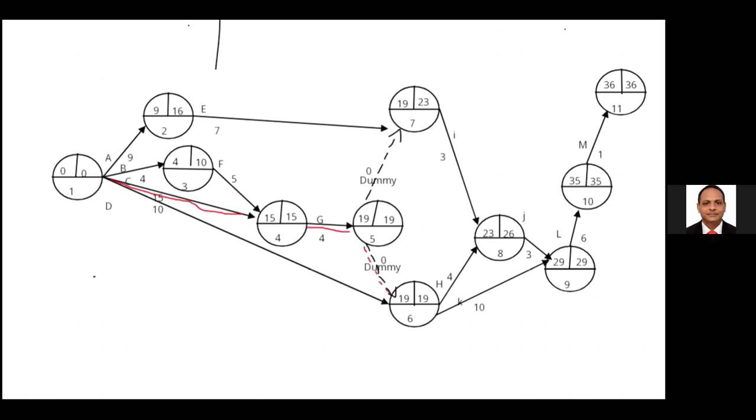Then how we got the 9th event 29 via the K. How we got the 10th event 35 via the L. And finally, you can see that we can get the 36 if you go via the C, G, dummy, K, L, M. Sometimes you can see the path in between the both events have the same equal values, but we should aim for the correct path. How do we get this particular figure for the particular event.